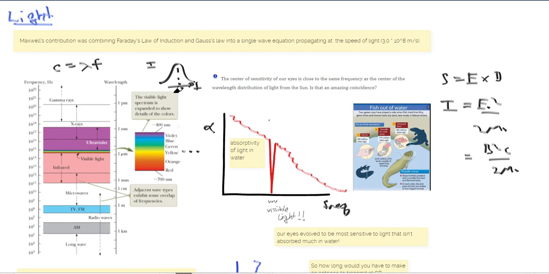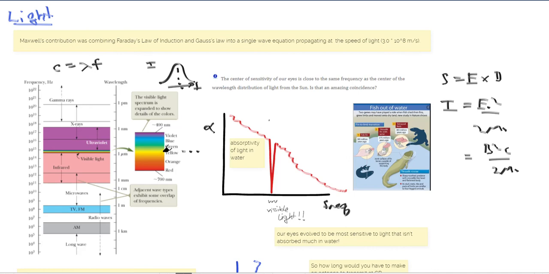So yellow is the center of intensity for the sun. And your book says the center of sensitivity of our eyes is close to the same frequency as the center of the wavelength distribution from the sun. Is that a coincidence? Well, not really, right? Because we evolved on a planet in this solar system, so it makes sense that our eyes would be adjusted, centered more or less on this frequency.